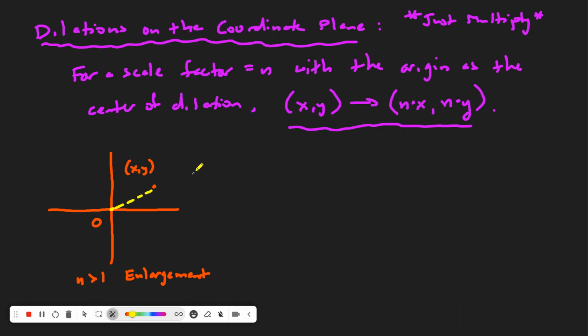So again, for simplicity's sake, if I just think of n as 2, if I double it, there would be where the new point ends up. And the coordinates of that point would be n times x, n times y. So for this one, for an enlargement, we're getting farther from origin.